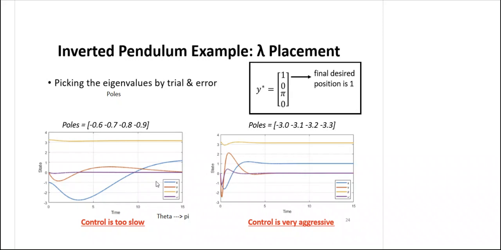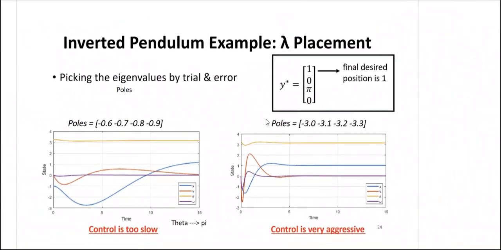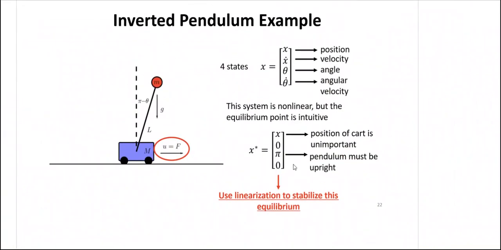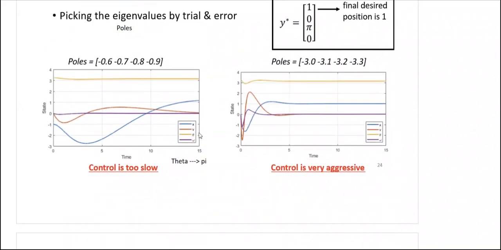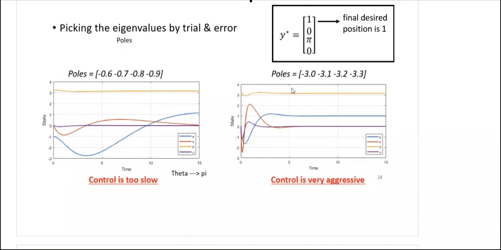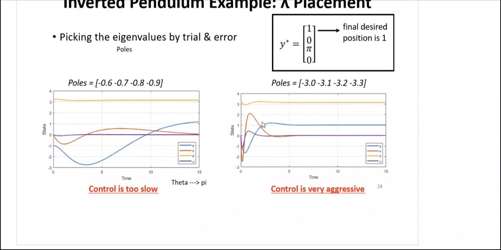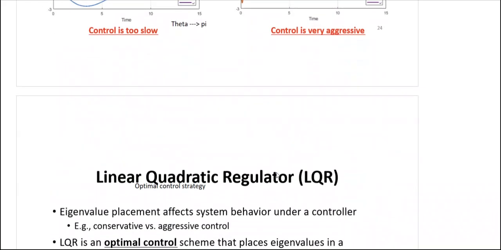Things to see are that the velocity of the cart should be going to 0, and theta, the angle, should be pi, so 3.14, reaching 3.14. Omega should also be 0, because it's a velocity and we don't want things moving. And x should be shooting for 1, the desired location, so yes, it's going to 1.